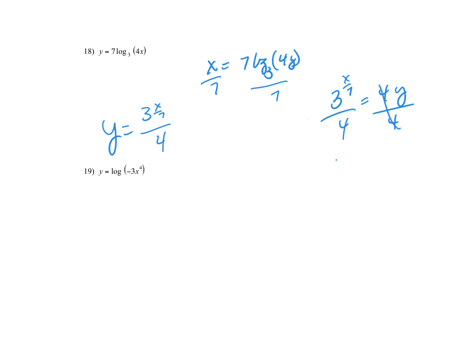Same with this one, would be x equals log of negative 3y to the 4th. And so we have that the base, when there is no base, it's 10. So 10 to the x equals negative 3y to the 4th, and divide by negative 3.